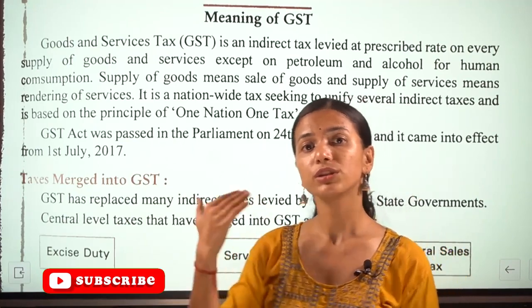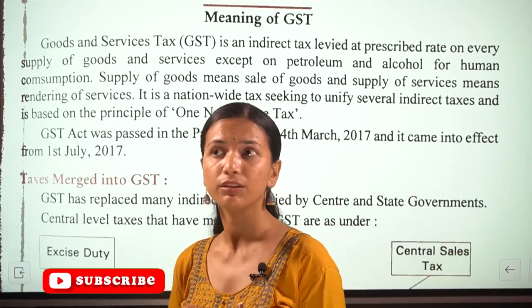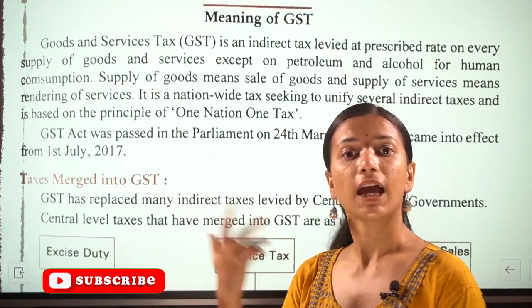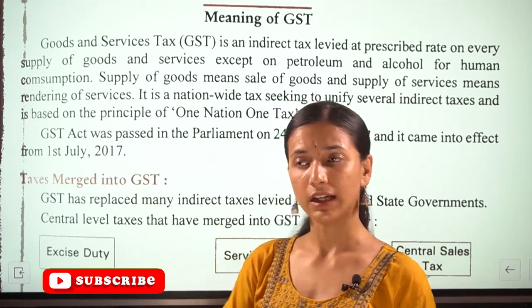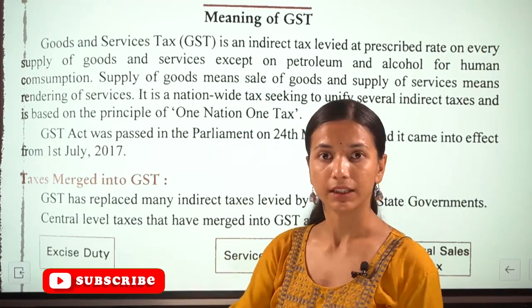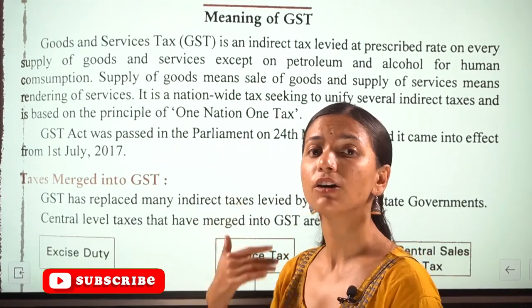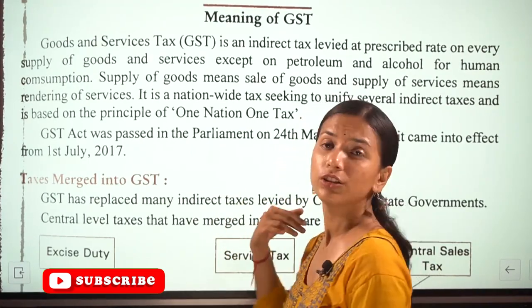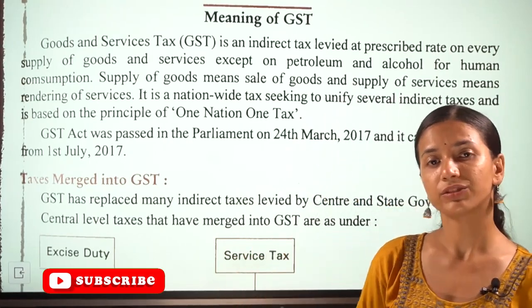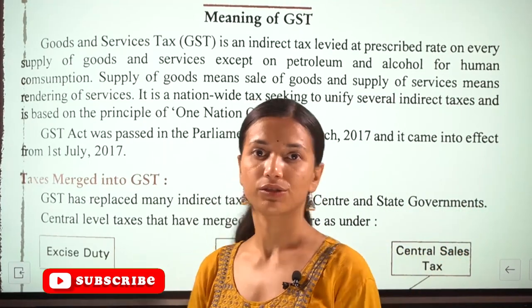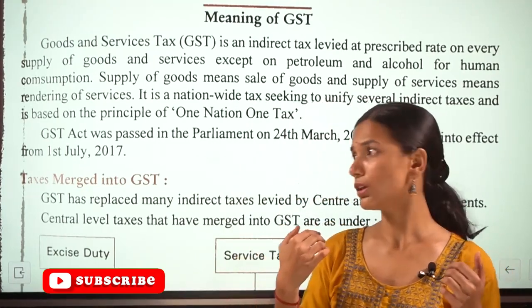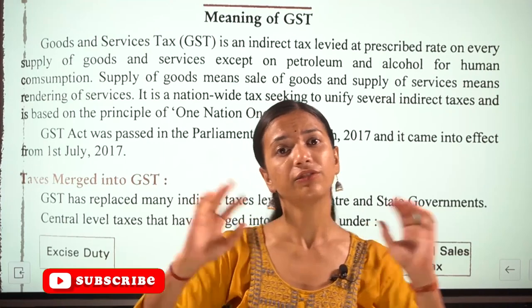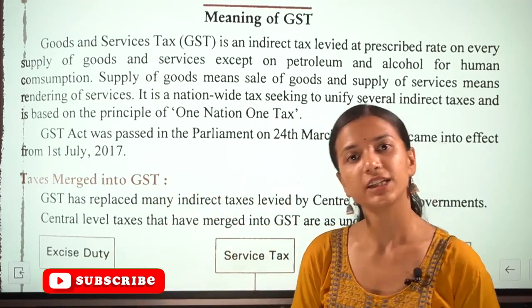Because of those indirect taxes, sometimes we were paying the same tax two or three times. So the taxes were getting overlapped. So in order to avoid that overlapping of taxes, GST has been introduced. So now you don't have to pay all the different taxes, you just need to pay GST.